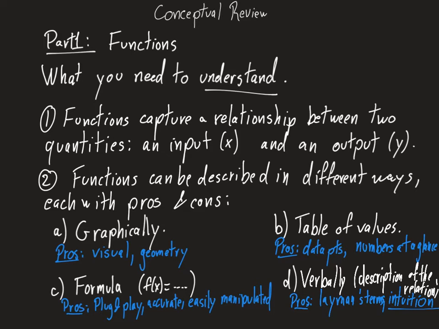All right. As I mentioned, all four of these different ways of describing functions are valid, all are important, and all have different pros and cons. I've written some of the pros here, but let's also go over the cons of these. The cons of the graphical representation of information is that oftentimes reading off data is imprecise. And this is also very hard to manipulate.